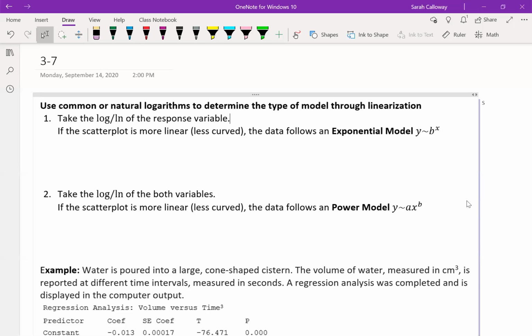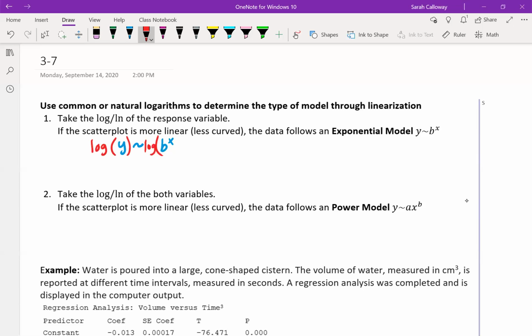The reason that it works is because if I think about an exponential model in the form y is approximately b to the x, and I take the log of both sides, I can use properties of logs to transform this. I get that the log of y is approximately, using the power rule, because this has an exponent, I can move it to the front of the logarithm.